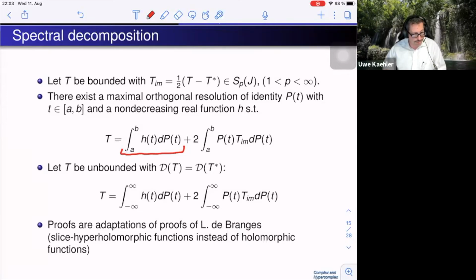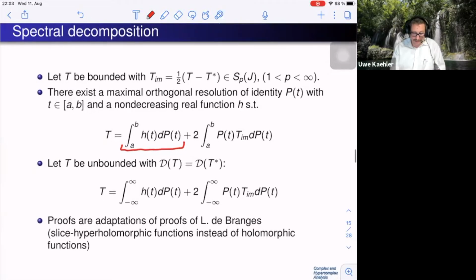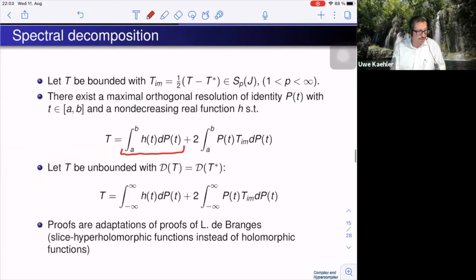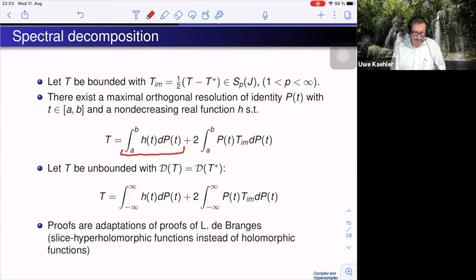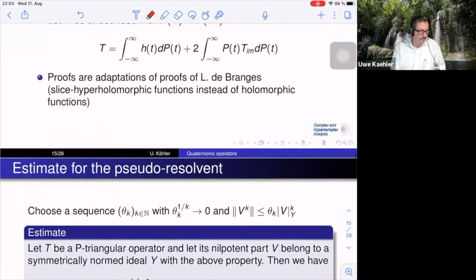So you better be sure what one is doing there, but the proofs in itself are really adaptations of that part. But it's a little bit more technical. That's why I didn't want to say much about that. The only thing important for us is that you actually have these spectral decompositions in this way, because that's basically what we are using.